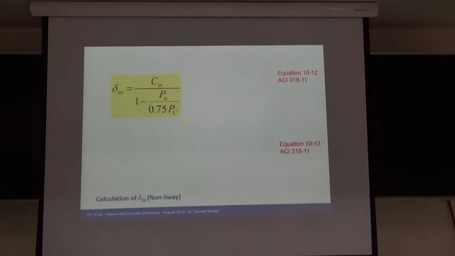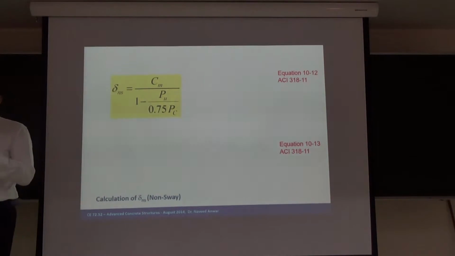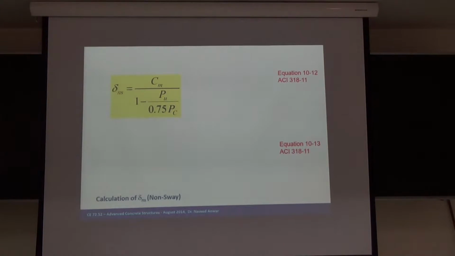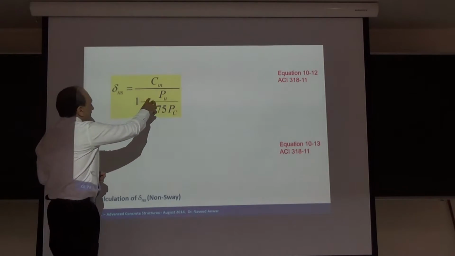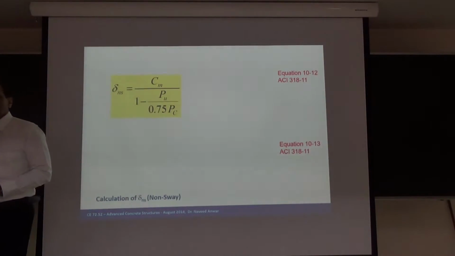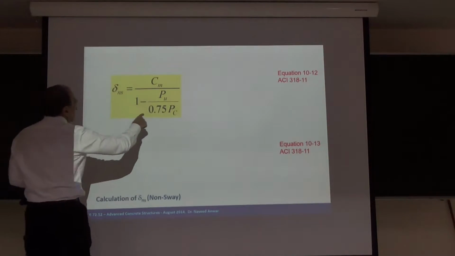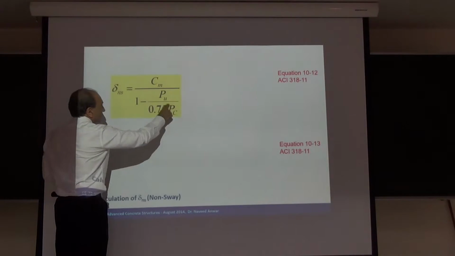Why does it depend on the shape of the moment? Because moment is the one which is causing the deflection. So the shape of the moment diagram is important. So CM is a moment shape factor, right? Please remember that. And then PU is the ultimate load on the column, the factored ultimate load on the column, and 1 minus PU over 0.75 PC.